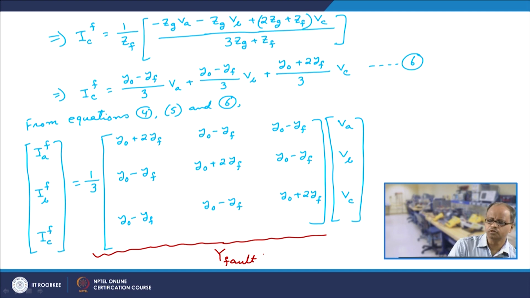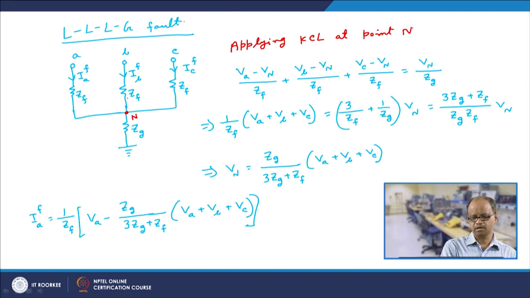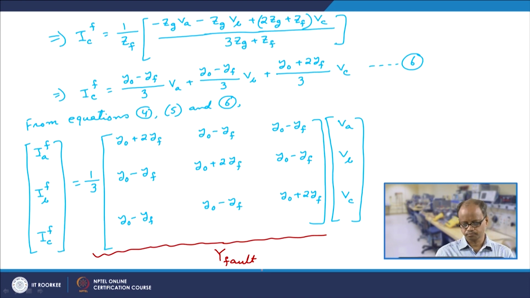So if we know the fault impedance at any phase and the ground fault impedance, we can simply find out the Y fault matrix. What does it mean?